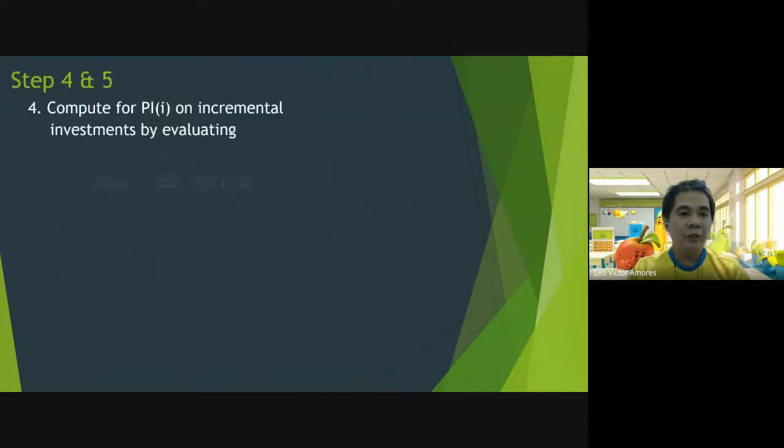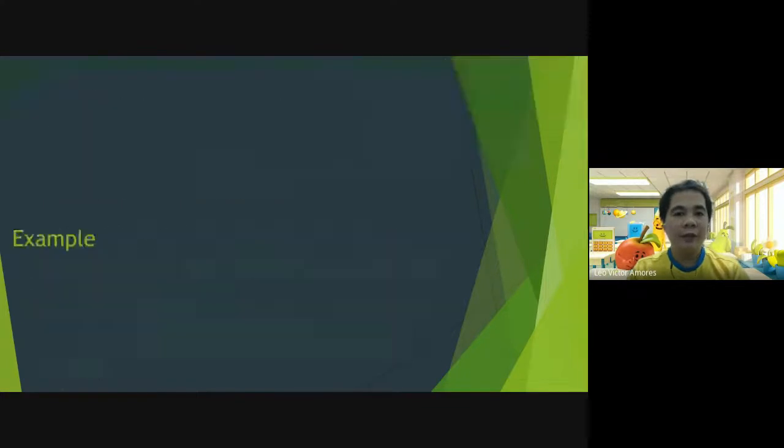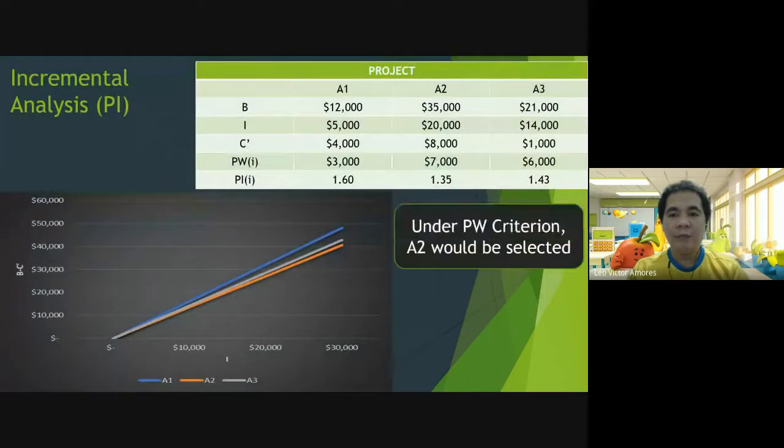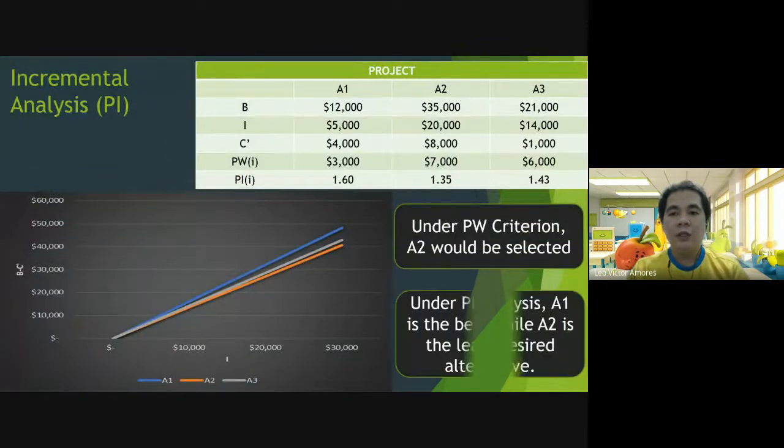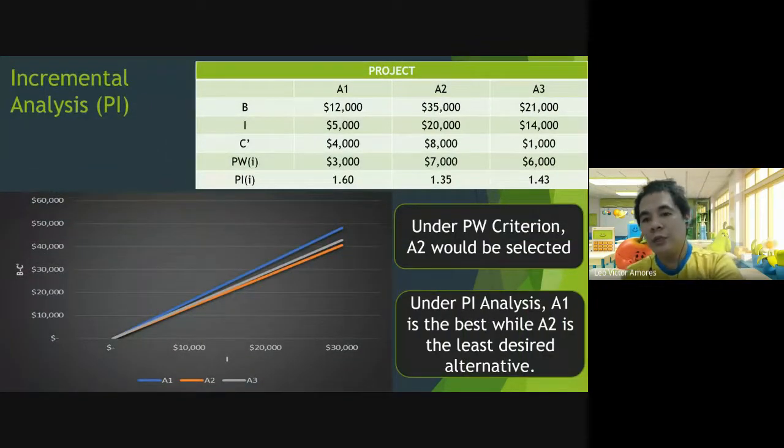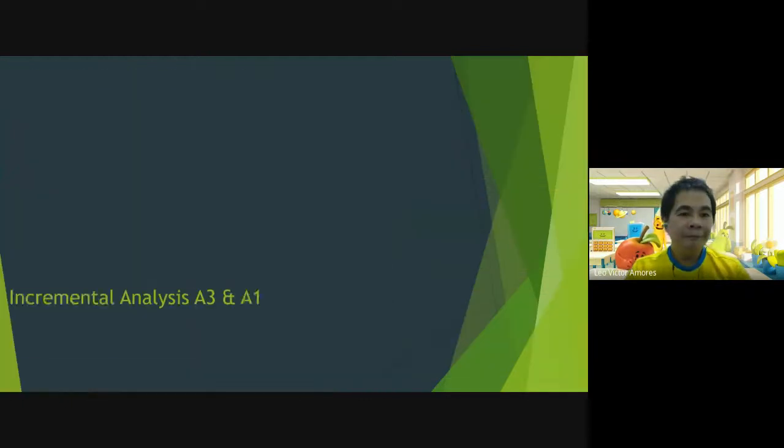So, I'll proceed to incremental profitability index, and then you have actually the same problem. But if you look into the present worth, A2 again, if you look into the profitability index, A1 is the biggest. Okay?